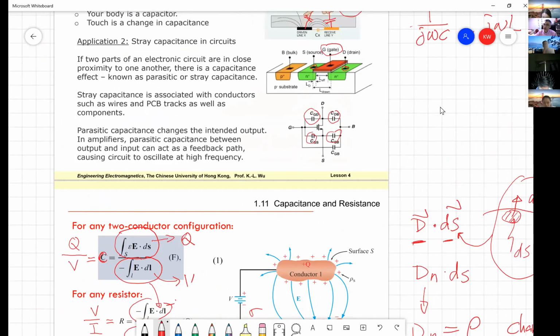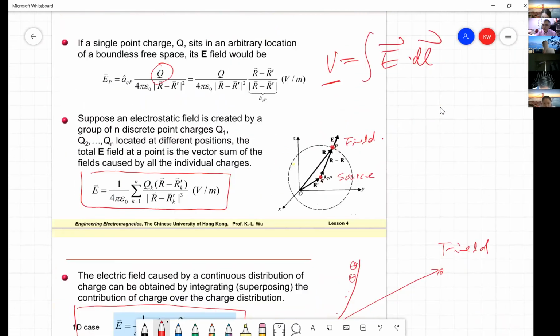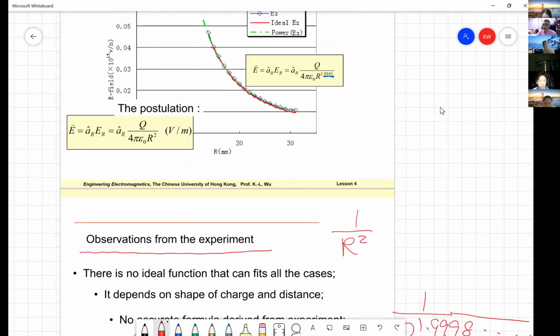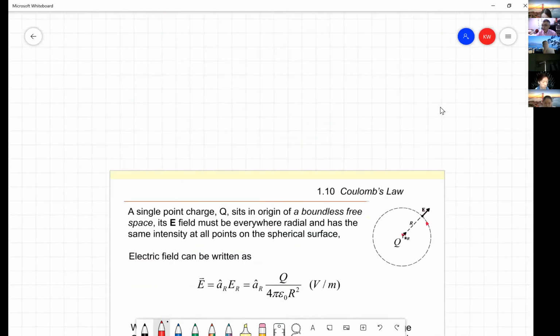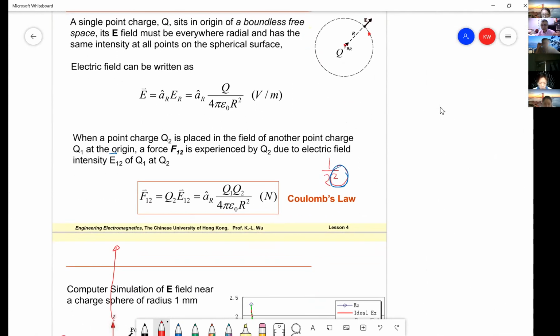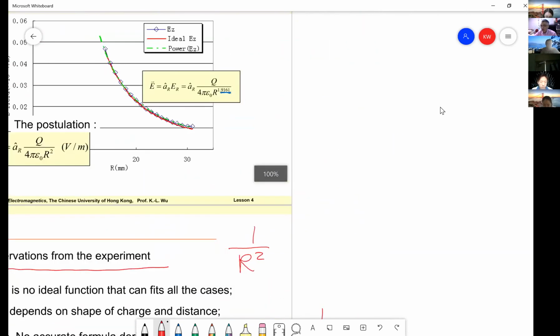So under this system, compared to Coulomb's law, we also experience the force. Then we found the force is generated by a charge times this quantity we call field.